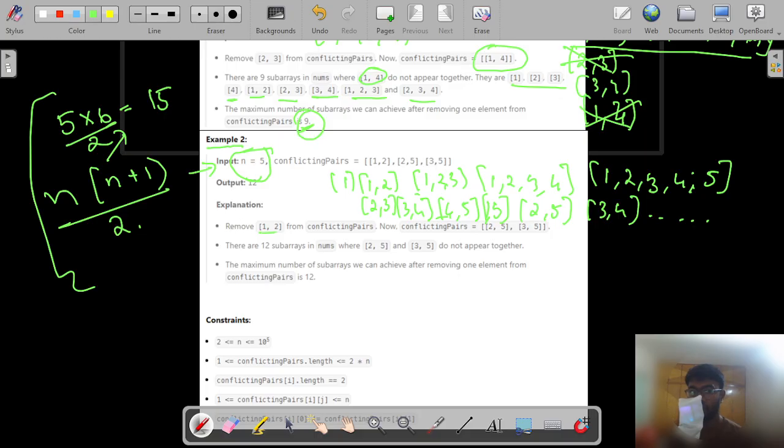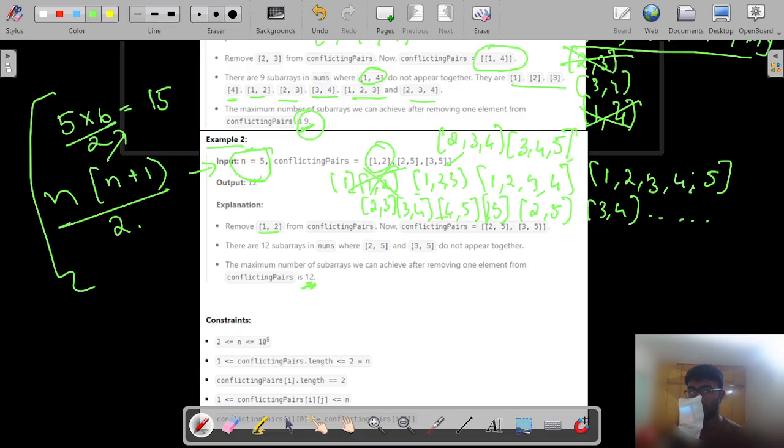So let's say we remove [1, 2] from conflicting pairs. If we remove this one, we would be left with 12, which is what the answer says, right? We can also end up with these sets: 2 3 4 and 3 4 5.